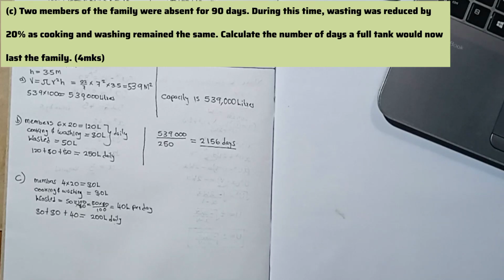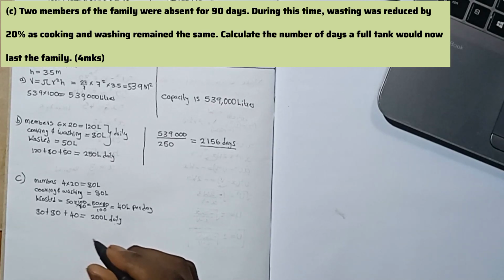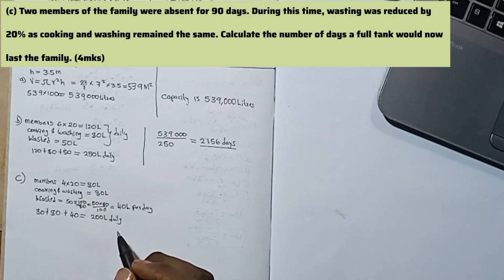So the question is asking, calculate the number of days the full tank will now last the family. So this 200 liters is for the first 90 days.